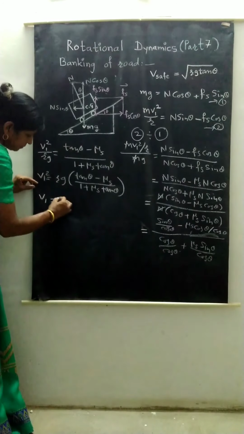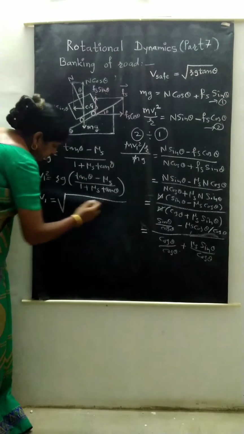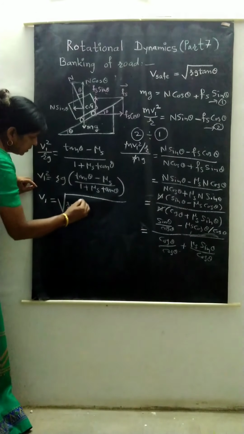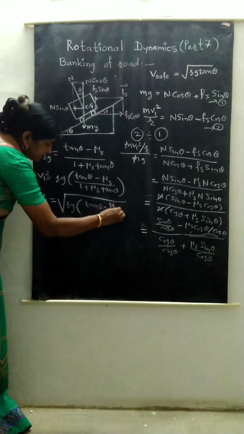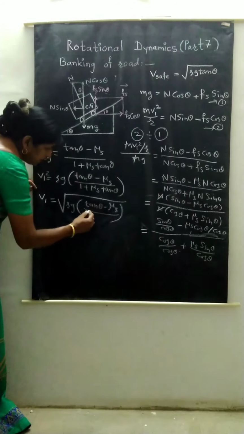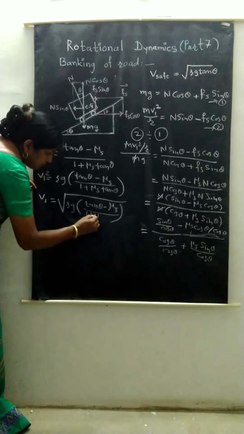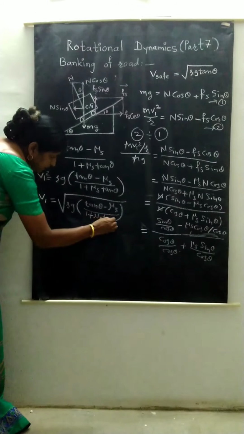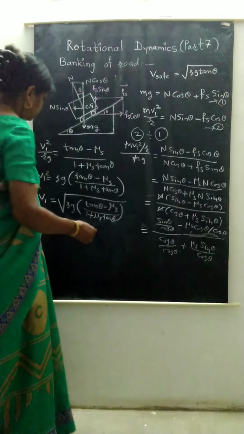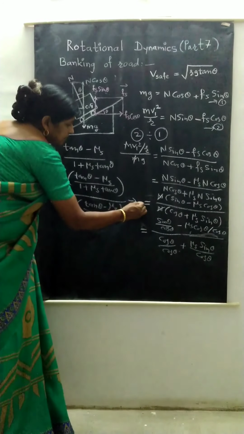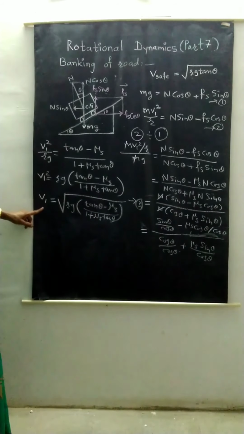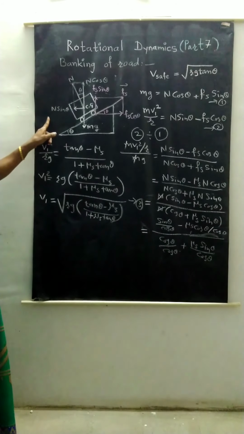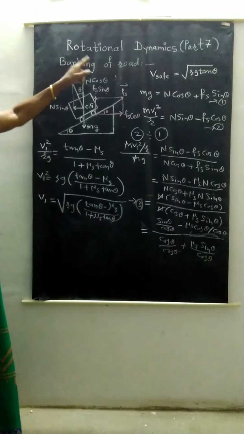V1 is equal to under root of r g in bracket tan theta minus mu s, divided by 1 plus mu s tan theta. So this equation now gives us the lower speed limit, that is the minimum speed with which we can safely drive the vehicle on a banked road.